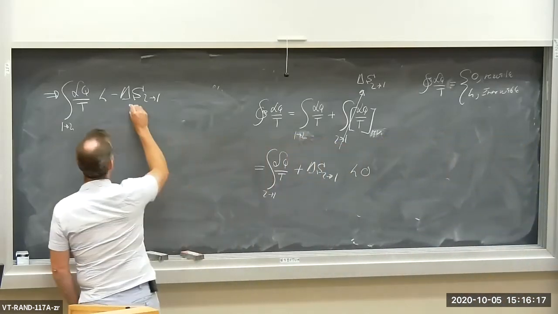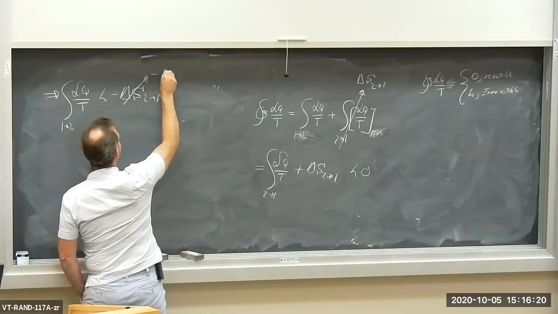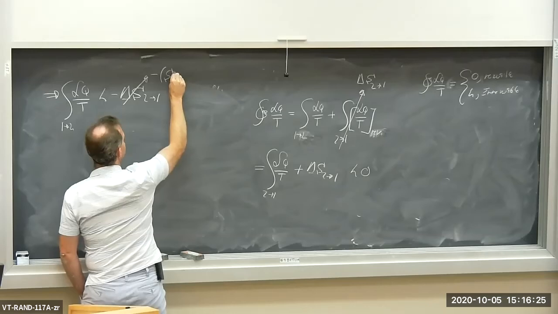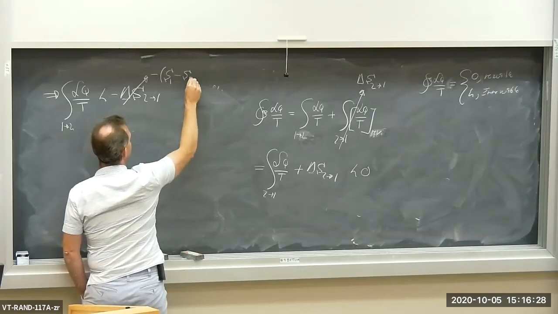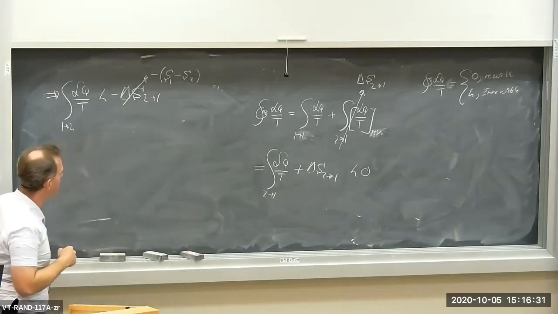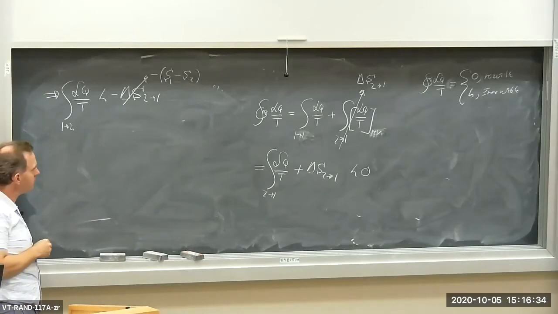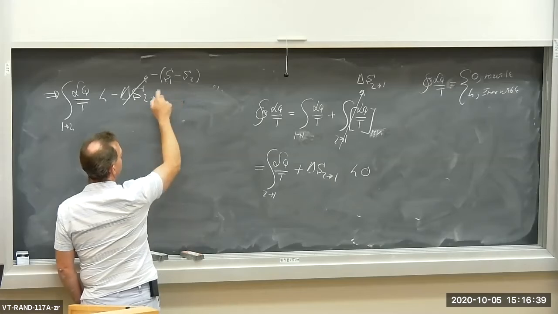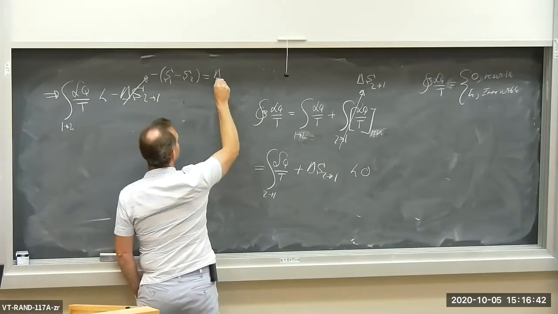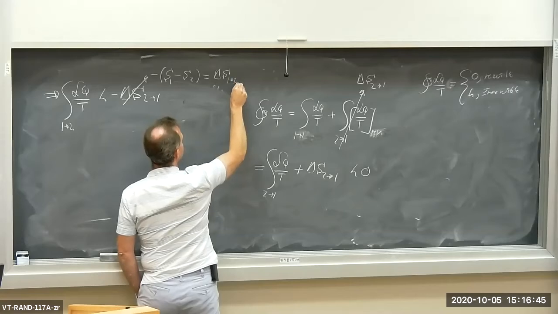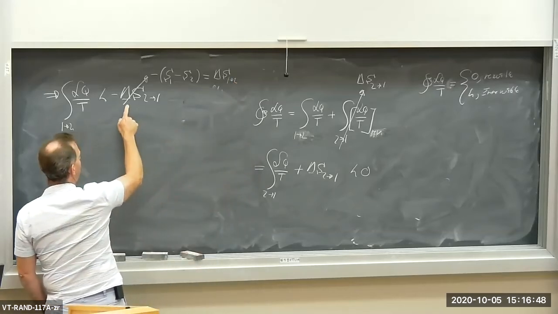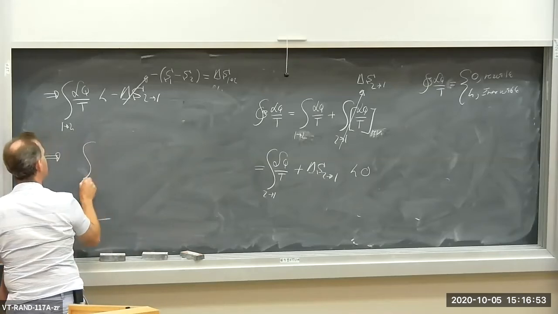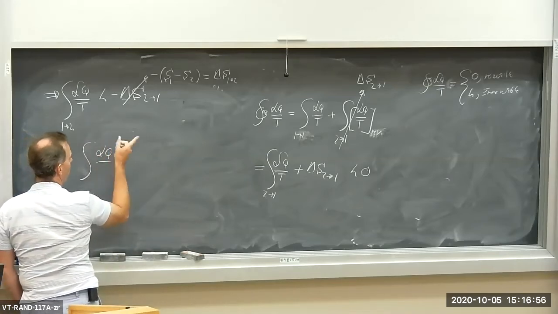Now, negative delta S from 2 to 1 is negative (S1 minus S2). That's what delta S from 2 to 1 means. If I distribute the negative sign, I get S2 minus S1, which is equal to delta S from 1 to 2. So this quantity here is actually equal to delta S from 1 to 2.